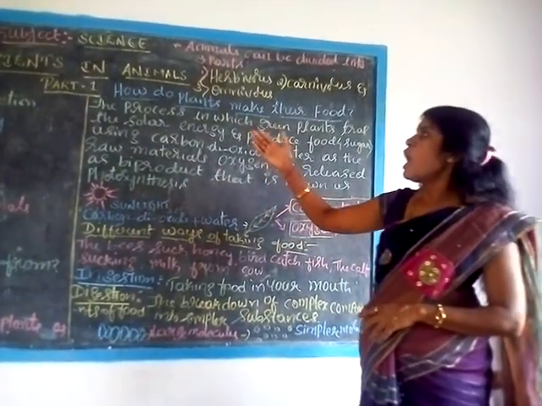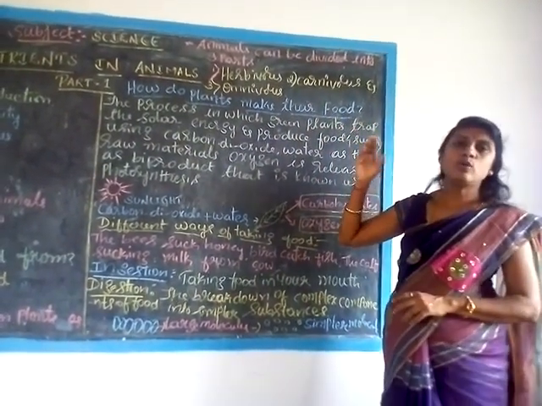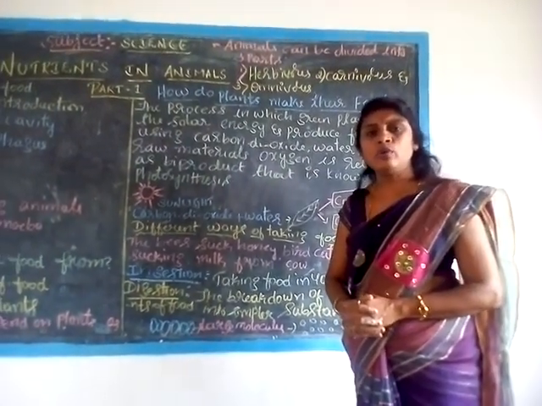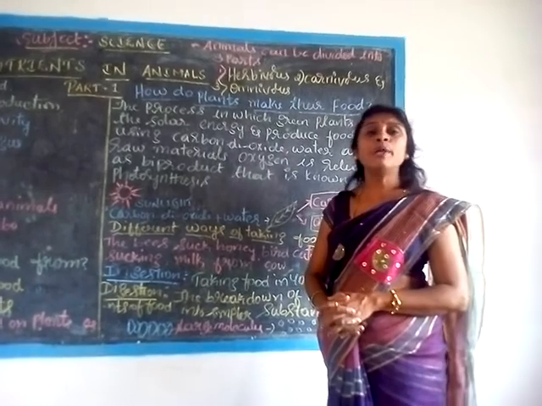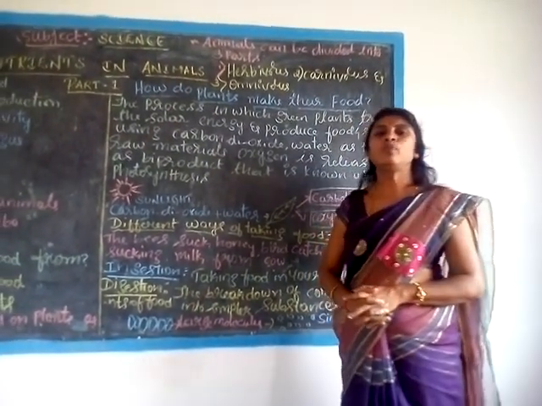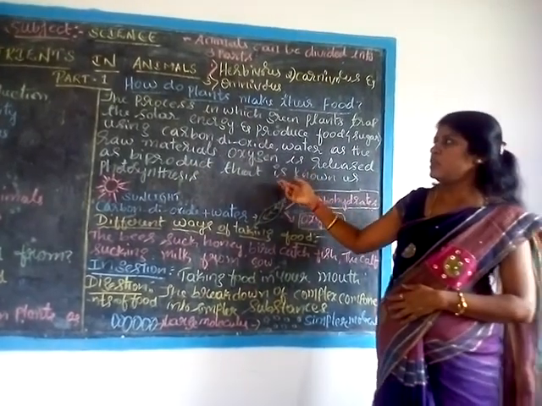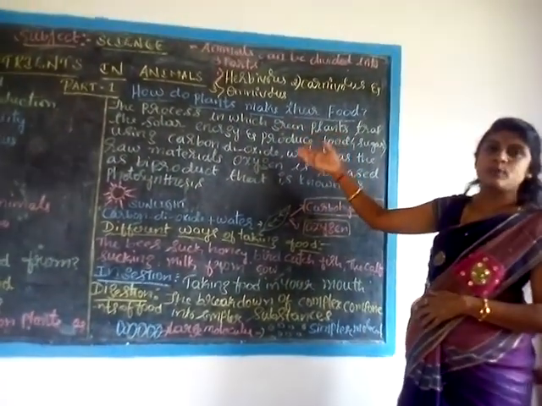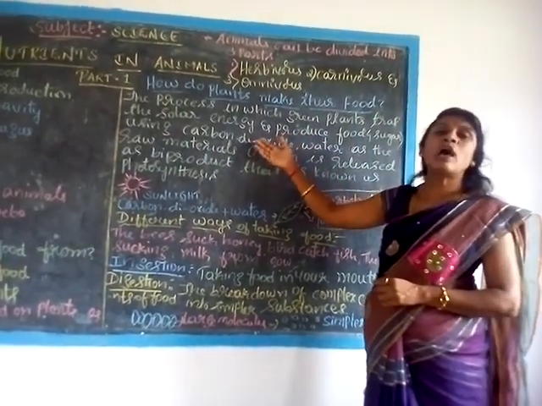Let us see how plants make their food. You already know that plants are autotrophs, and how do they prepare food? They prepare food by photosynthesis. Let us see how they prepare the food here. The process in which green plants trap the solar energy.